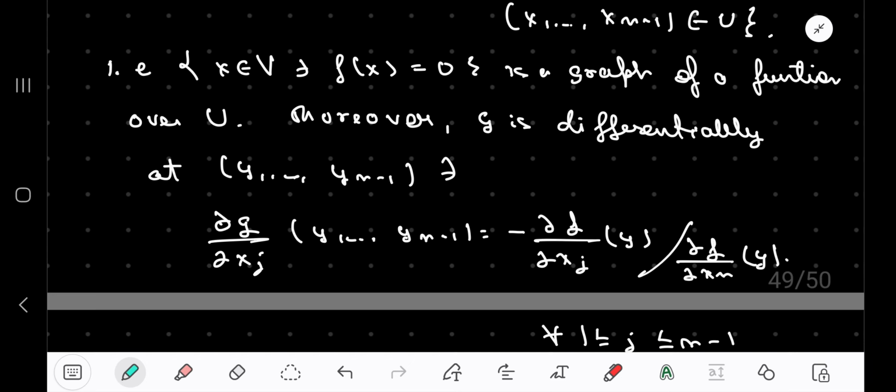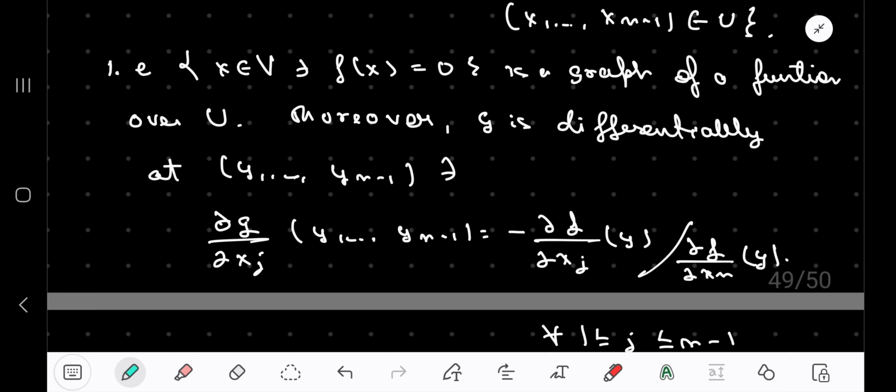Fine. In fact, if the partial derivative at the nth coordinate of y is 0, but the partial derivative at some jth coordinate of y is non-zero, then this complete implicit function theorem can be manipulated to talk about the jth coordinate.